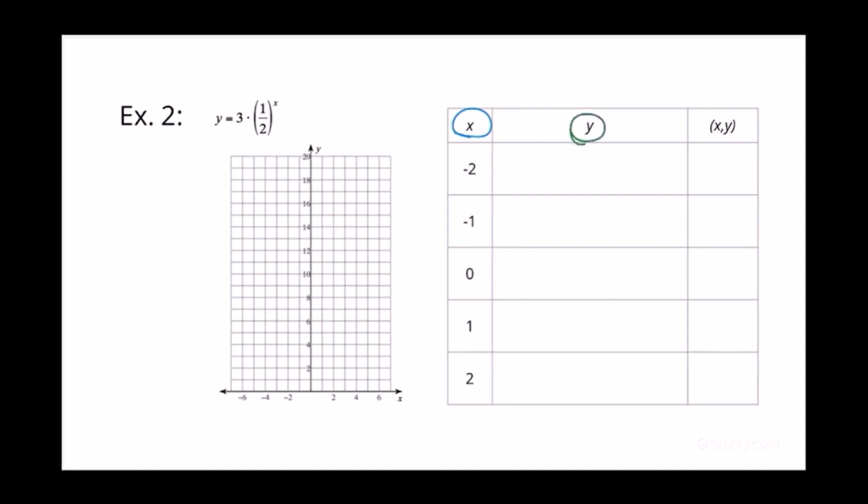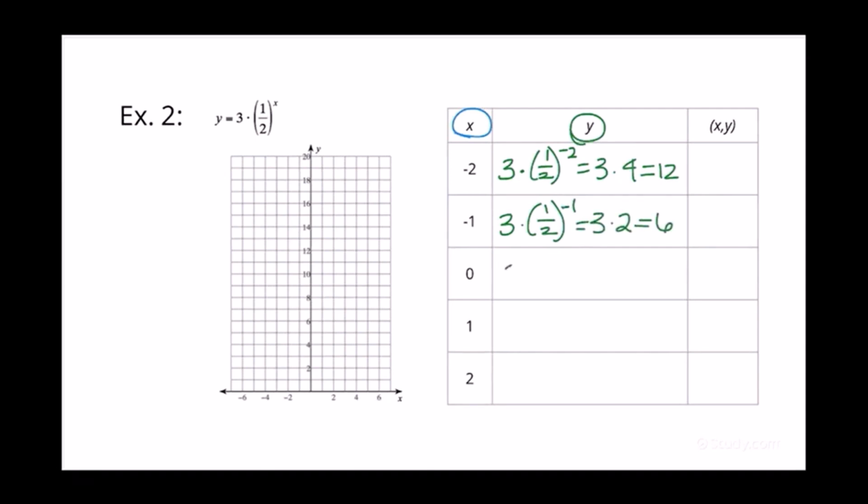If x is -2, y is 3 times 1/2 to the -2 power, which is 3 times 4, which is 12. If x is -1, we have 3 times 1/2 to the -1 power, which is 3 times 2, which is 6.